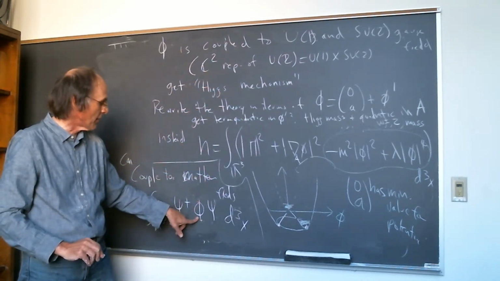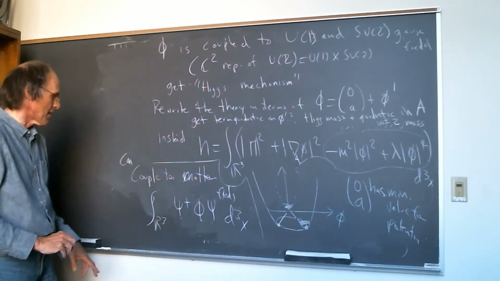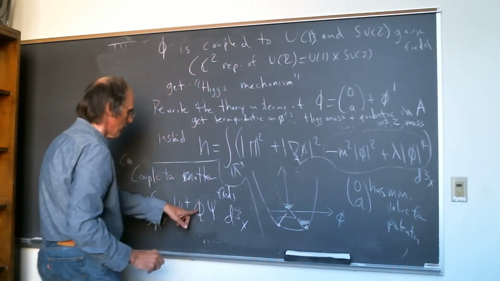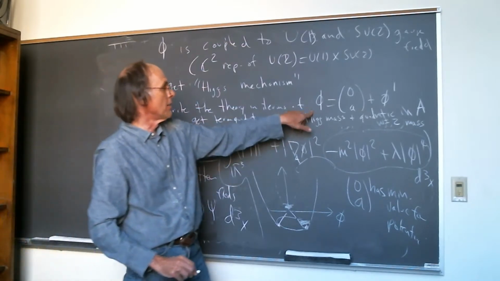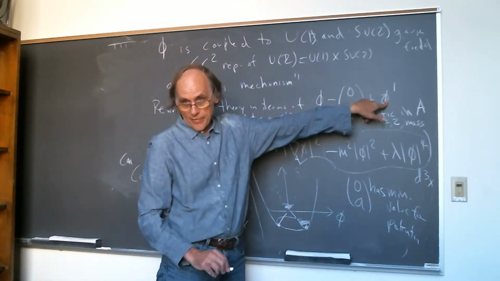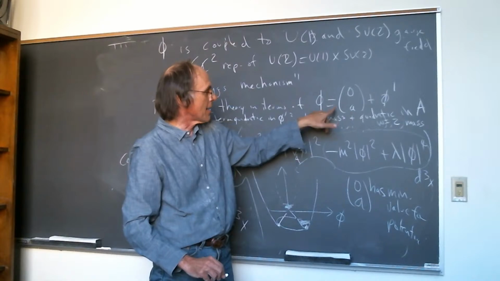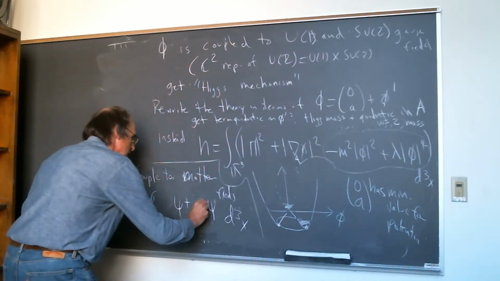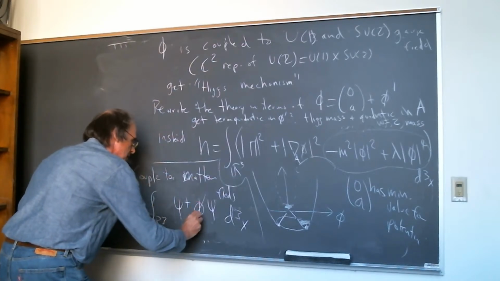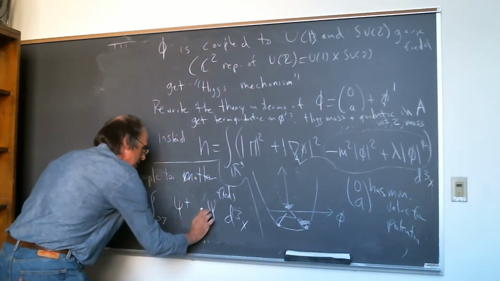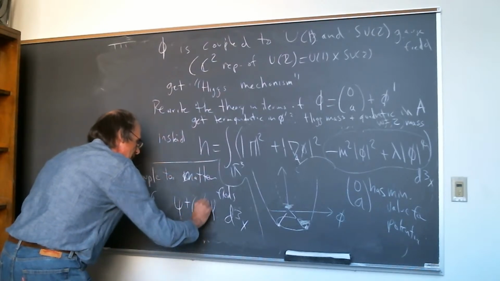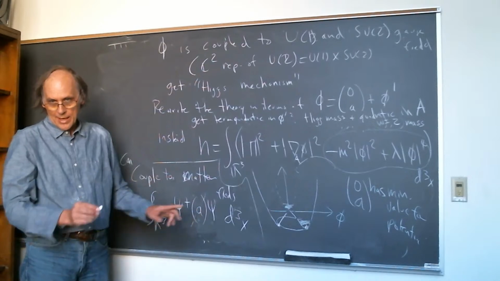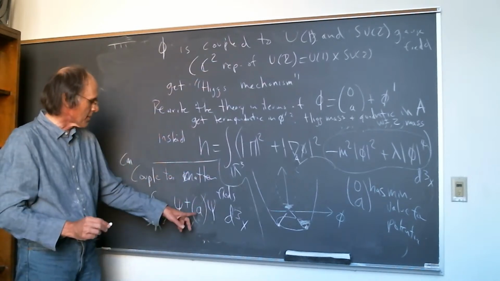And again, if you do this shift this way and write everything in terms of phi prime, you're going to get just a constant term here, and there's going to be a term that occurs proportional to A, and it's going to give masses to some of the particles.